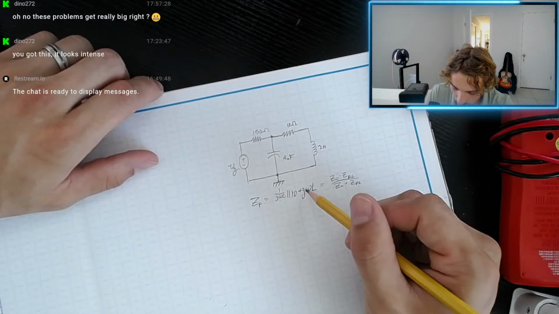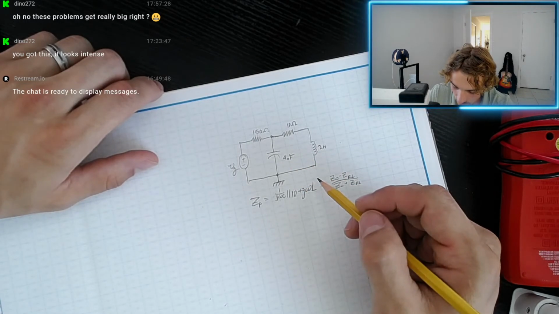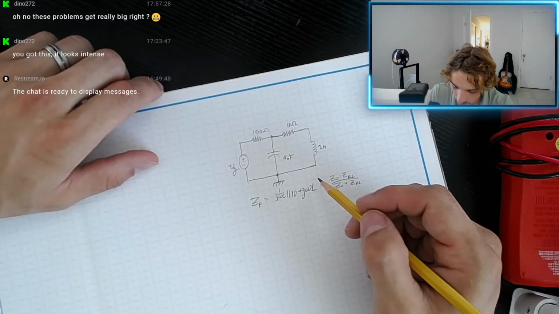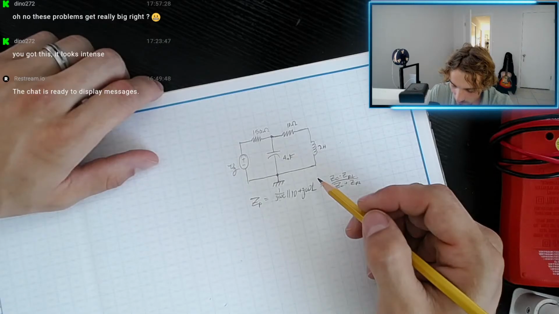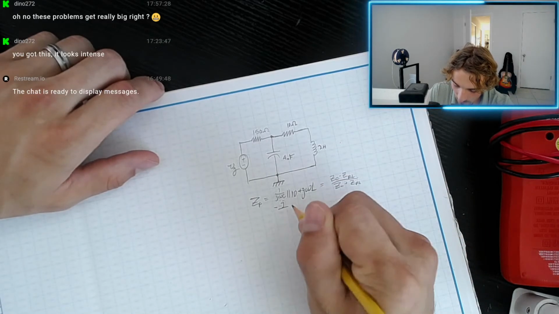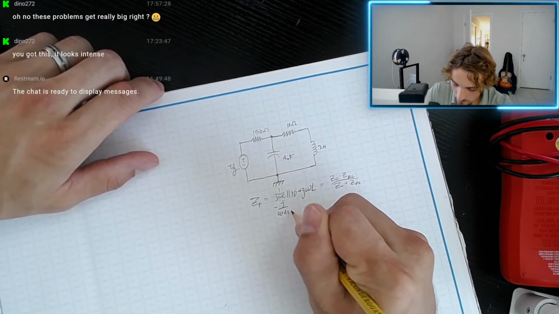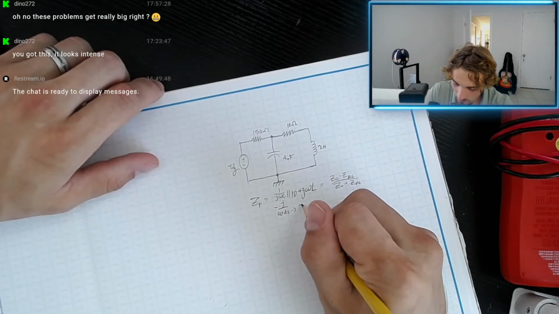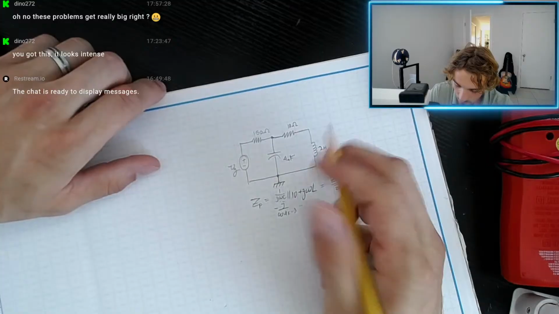I only know this by typical analysis. I wanted to add it this way, but it comes out very extraneous. Maybe if I make it negative j divided by omega times 4e-3. Yeah, well, that's it.